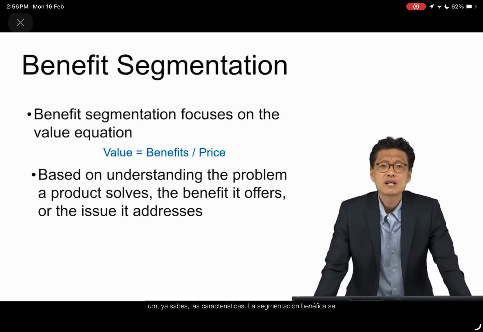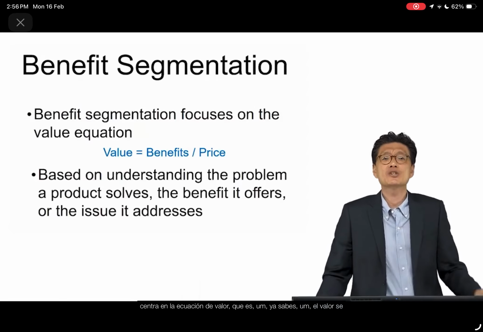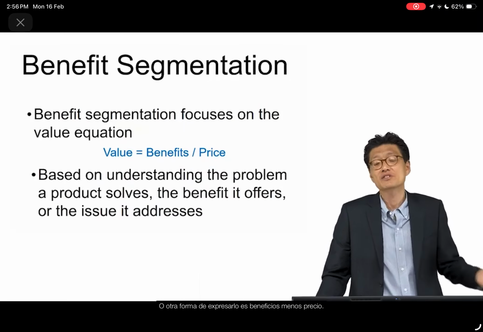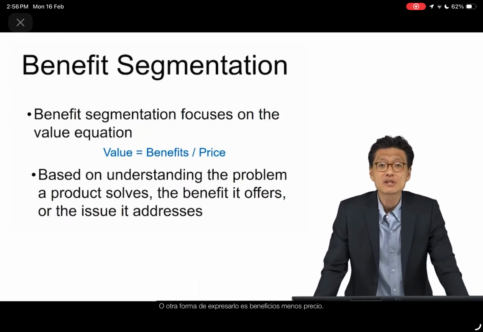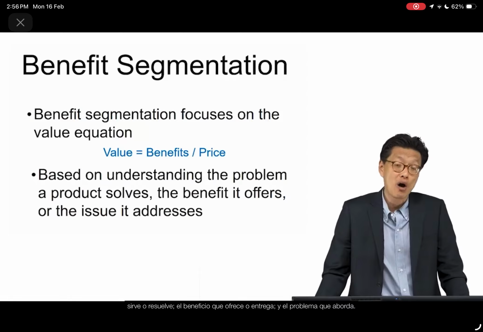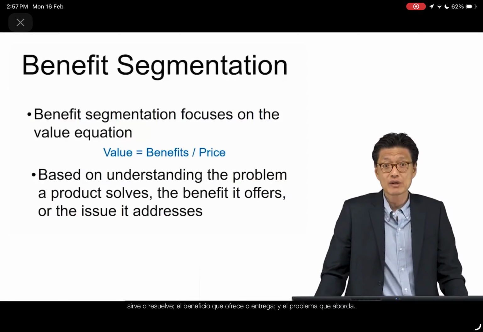Benefit segmentation focuses on the value equation, which is, value is defined as benefits over price, or another way of expressing that is benefits minus price. So it's based on understanding the problem a product solves, the benefit it delivers, or the issue it addresses.